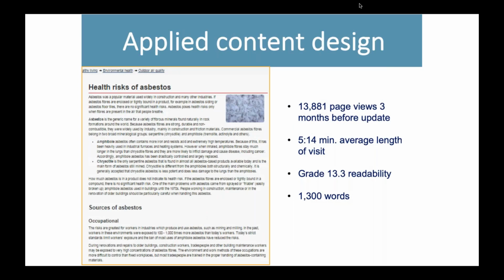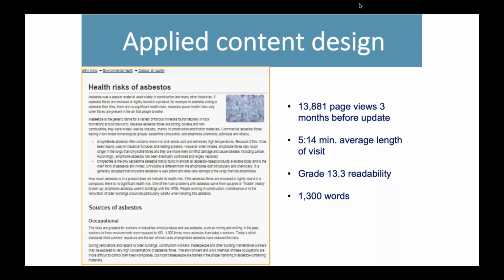On the next slide, you'll see another example here of applied content design. So really here in this particular example, the page was a quite high volume page around asbestos, getting over 13,000 views a month. It was quite popular. But the time people were spending on this page was just astonishing.